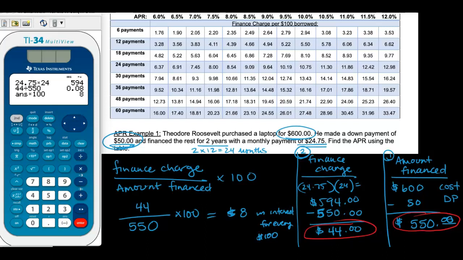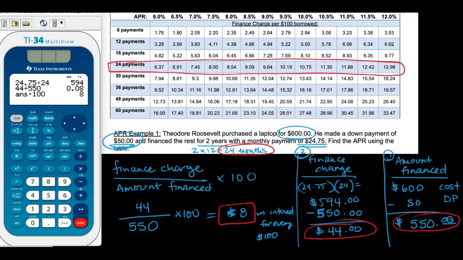What we need to do now is look up in the table. We need to look down the row that corresponds to the number of payments that this person made. Since he made 24 payments, because that's equivalent to 2 years, we're going to look on the row that says 24 payments and find the value that's closest to $8. In this case, $8 is actually in the row.